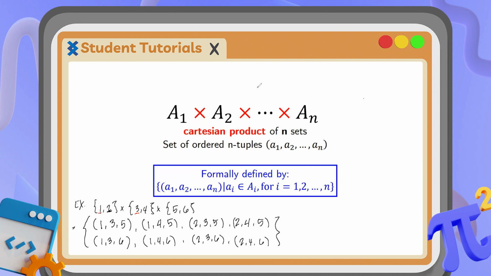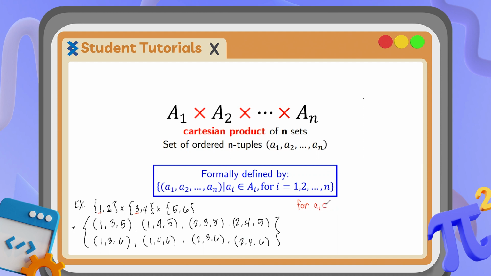You can also think of it as for loops in programming. Let's do it this way.